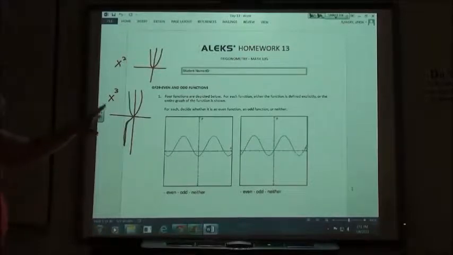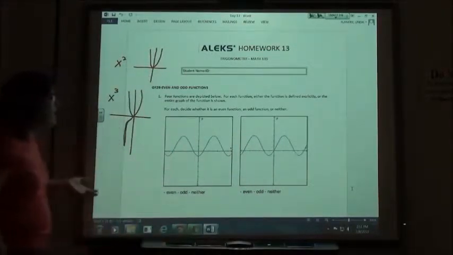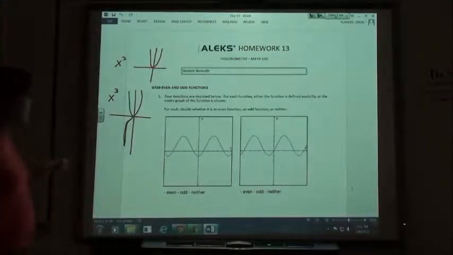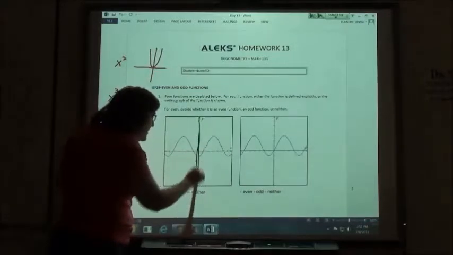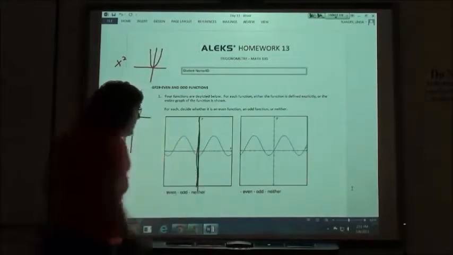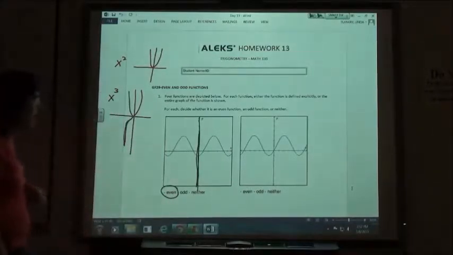So they want you to first of all look at your graphs and decide, is it even, is it odd, or is it neither? So if I took this and I cut it in half across the y-axis, is it exactly the same on both sides? Yes, it is. So it is going to be an even function.